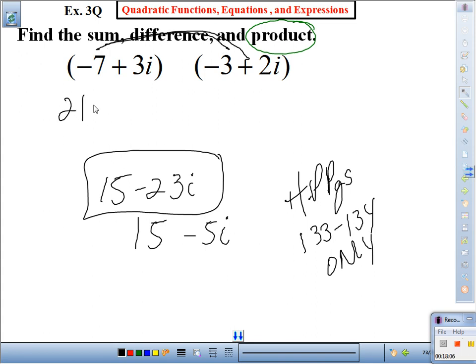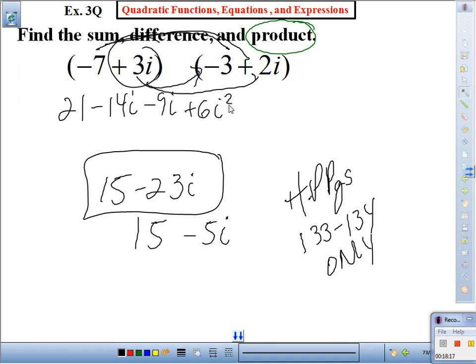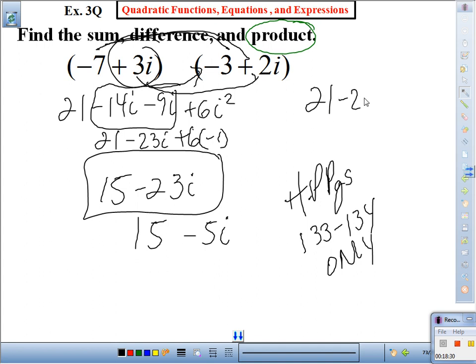Negative 7 times 2i, that's negative 14i. 3i times negative 3, that's negative 9i. 3i times 2i, that's 6i squared. Combine like terms, that's 21 minus 23i plus 6 times negative 1. So this is 21 minus 23i minus 6. Combine these two, that gives us 15 minus 23i.